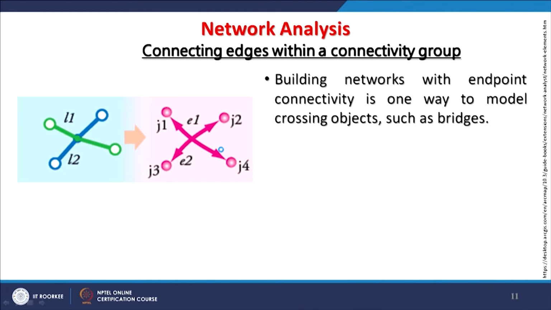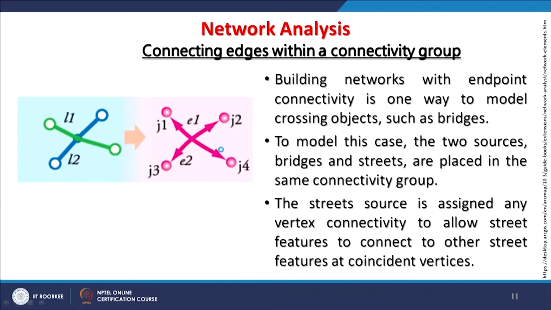Now, we continue on connecting edges with the connectivity group. Building networks with endpoint connectivity is one way to model crossing objects such as bridges. Now, there are overbridges or underpasses, and if we want to keep that kind of information, then that information has to be built into our network analysis or network database.